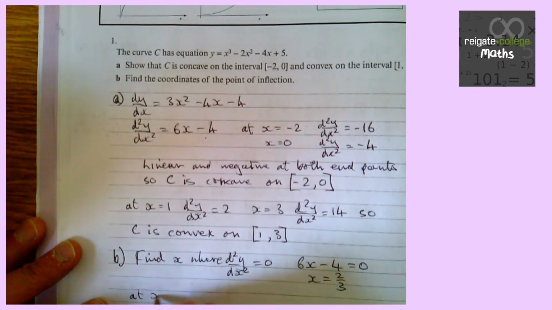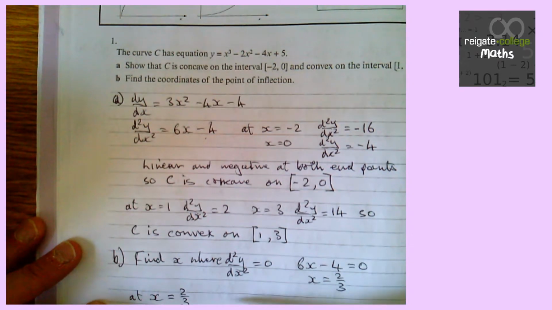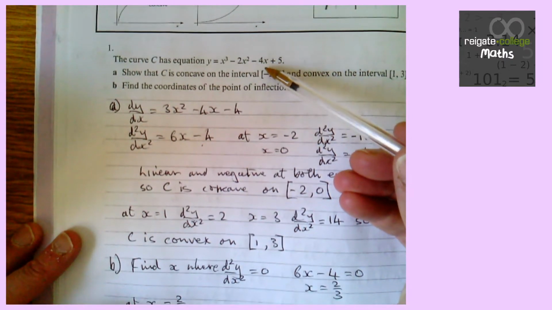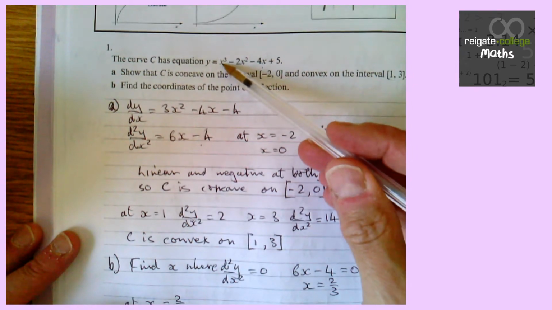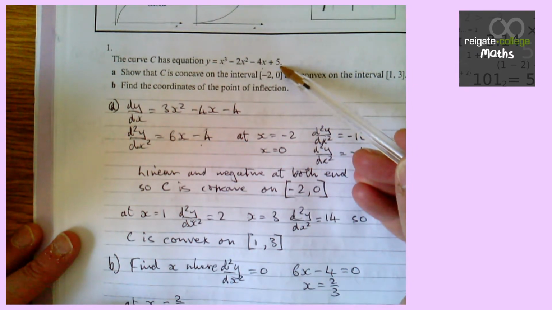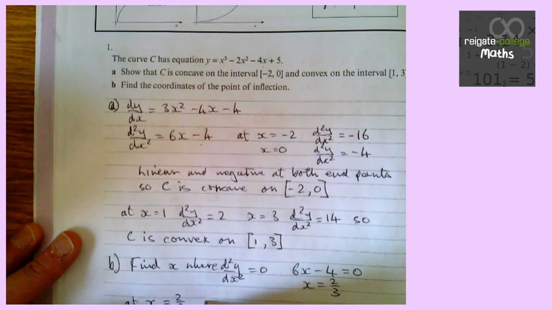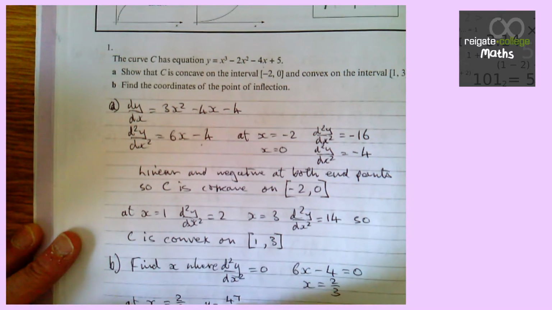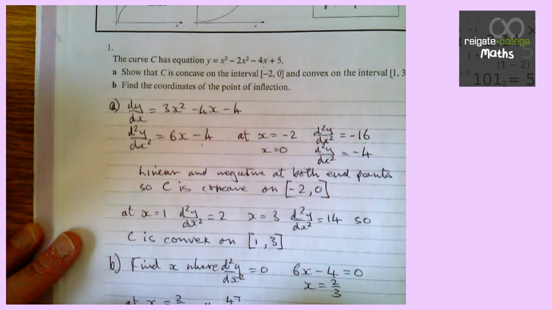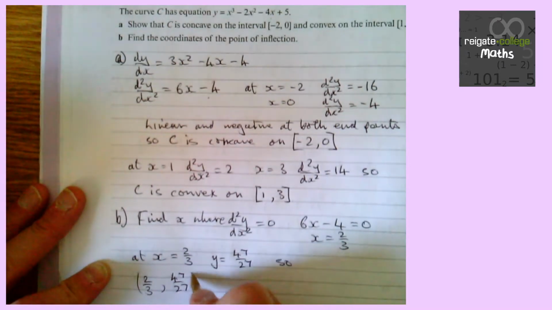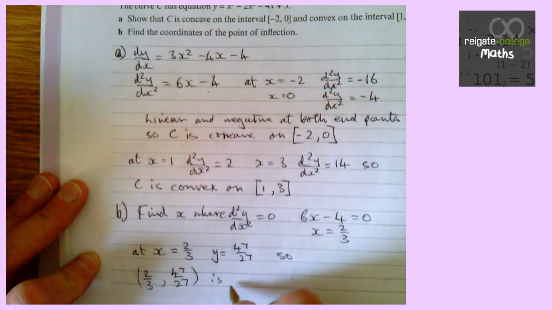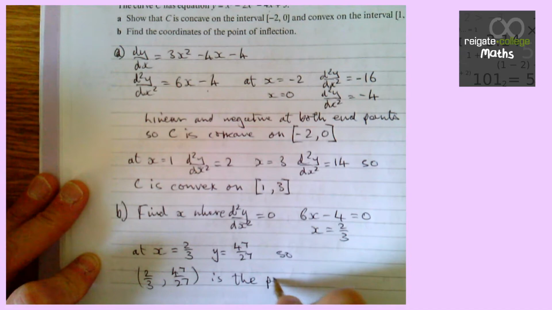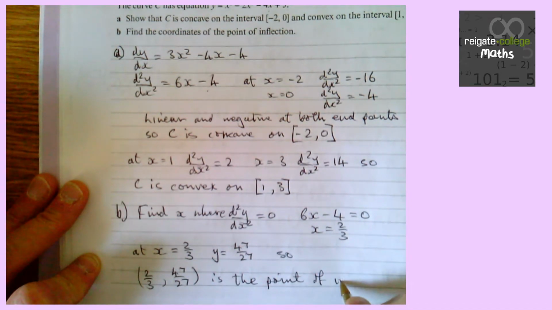So at x equals 2 over 3, we're going to substitute back into our original equation. You can do that on your calculator, or you can do it manually, and we get y is equal to 47 over 27. So 2/3, 47 over 27 is the point of inflection.